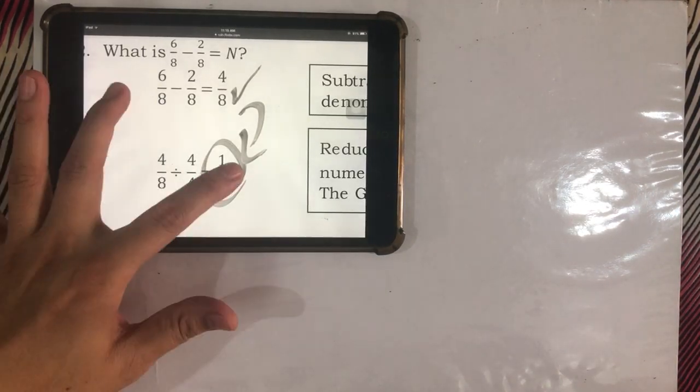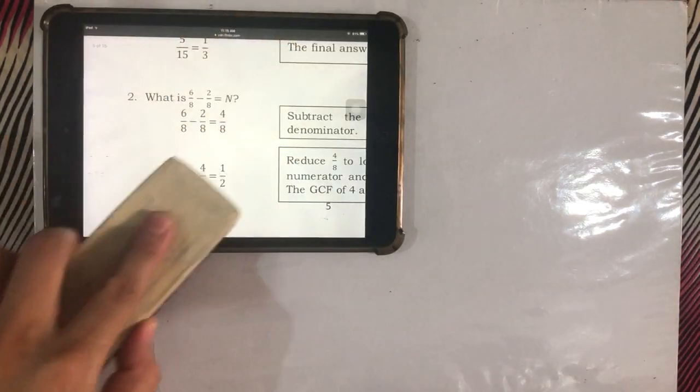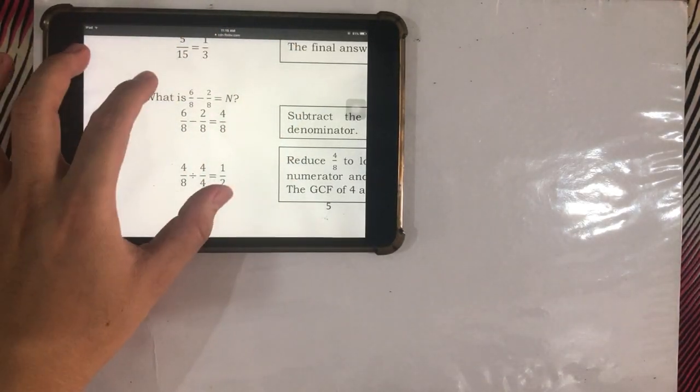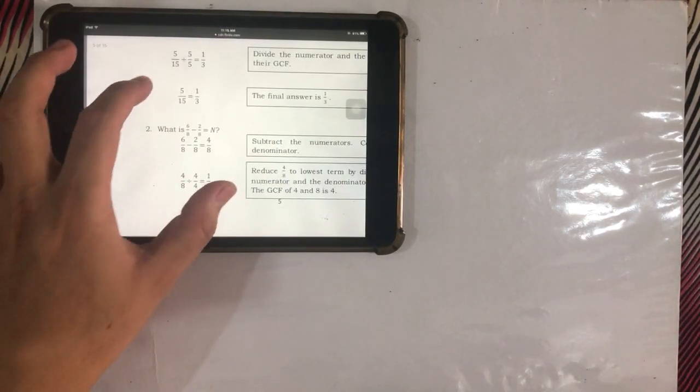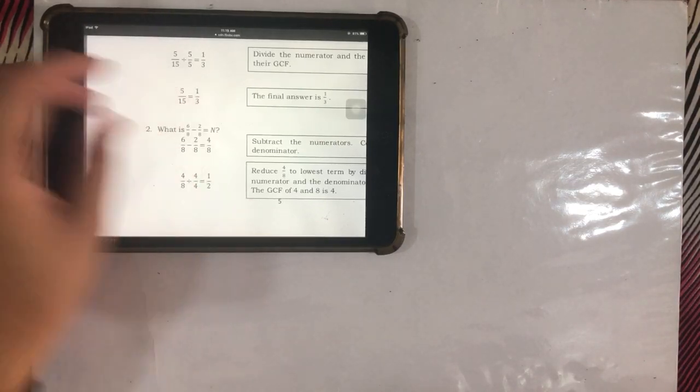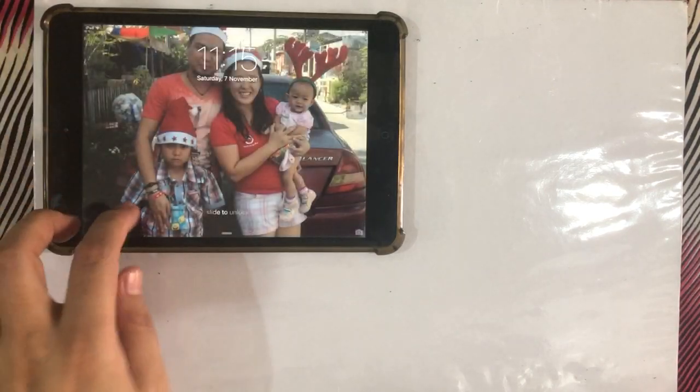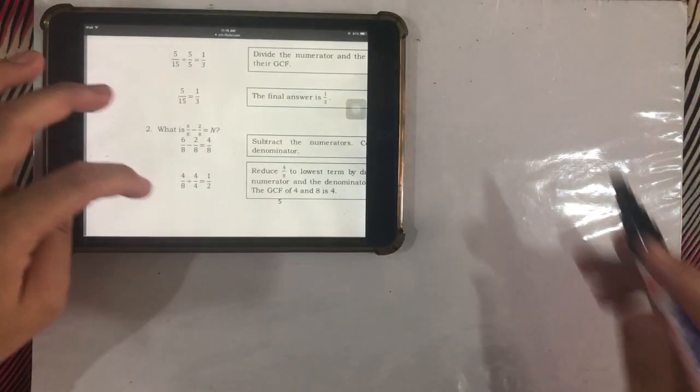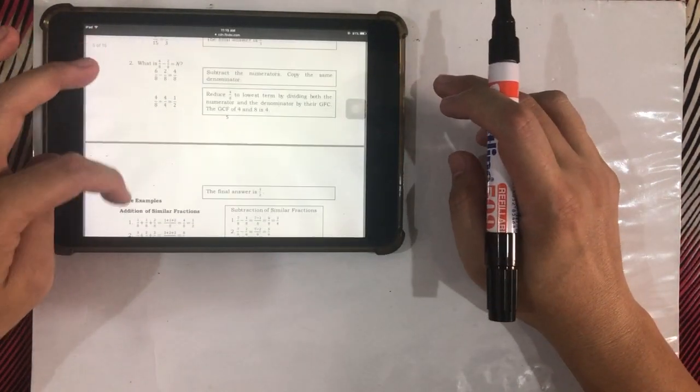We will just have a different answer or solution kung iba na yung kanyang ginagamit na denominator. Magkaiba na yung kanyang denominator. So, let's wait for the lesson to come up dito.